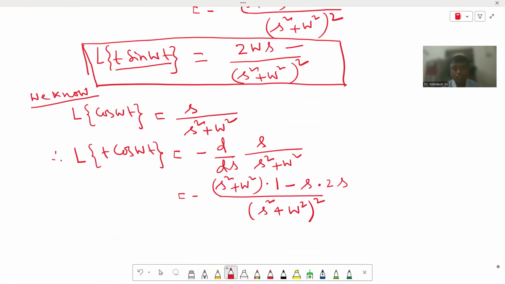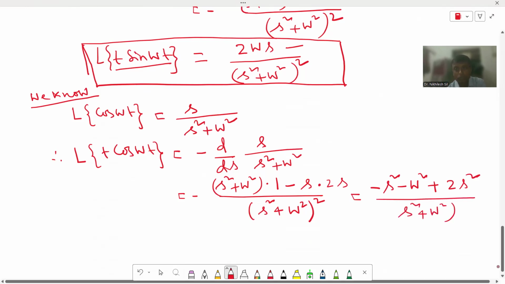So what are we getting? We are getting s square minus 2s square. And then it is minus. So minus s square minus omega square plus 2s square divided by s square plus omega square whole square. This is equal to minus s square plus 2s square.